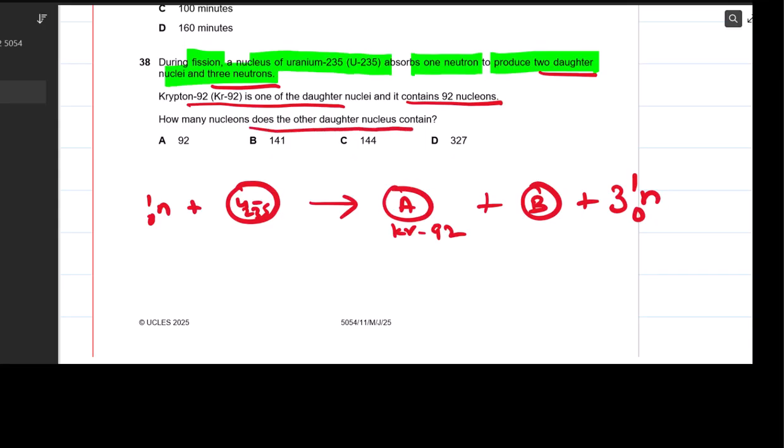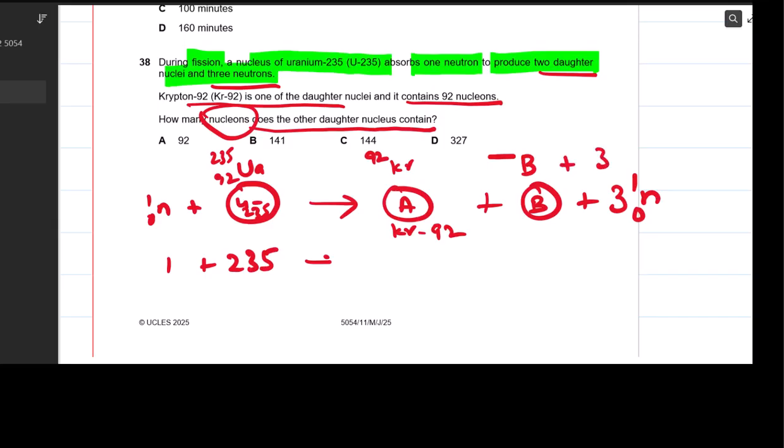So it is actually 1 plus 235 here, written like this, U235, and krypton having 92 nucleons. So we are dealing with nucleons. We do not know how many nucleons B will have. Plus 3 are here.